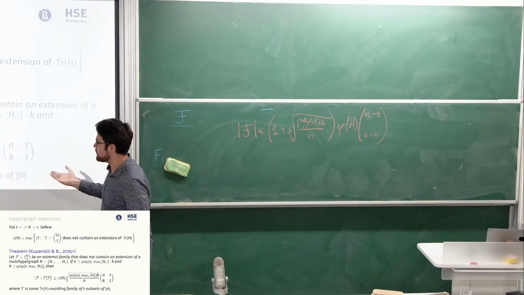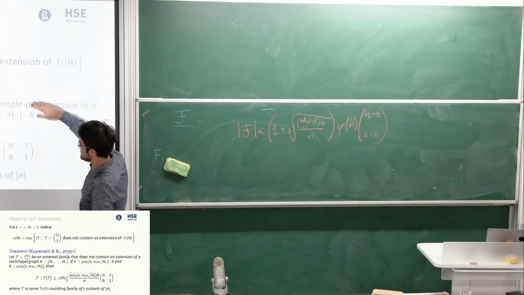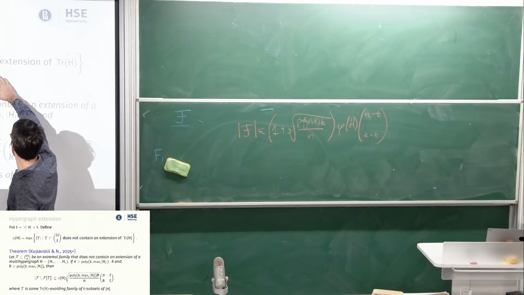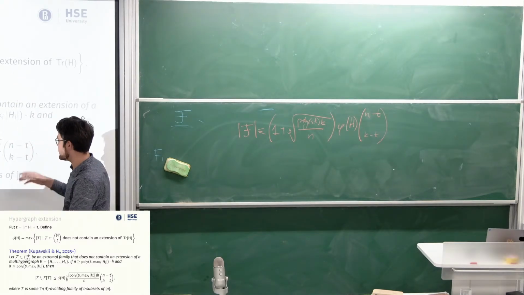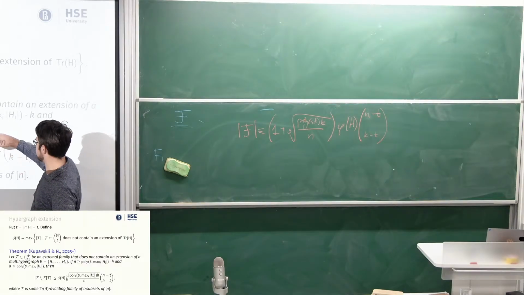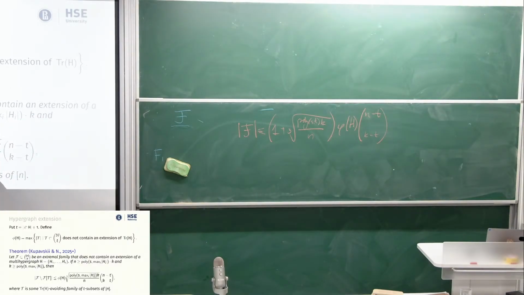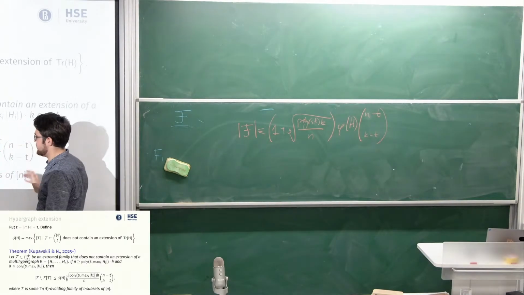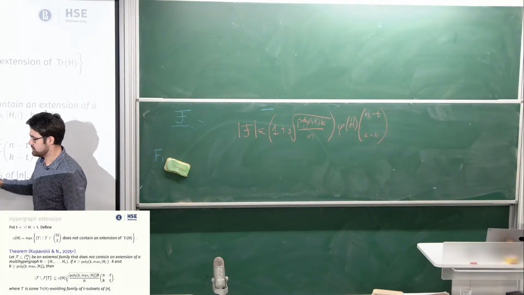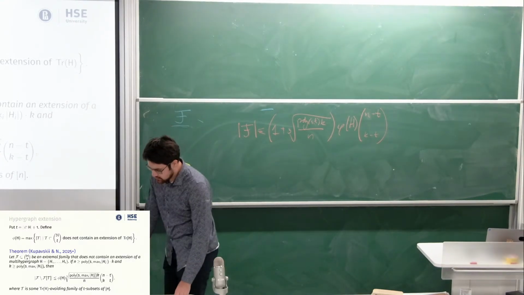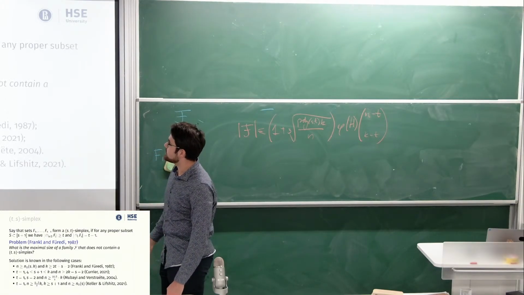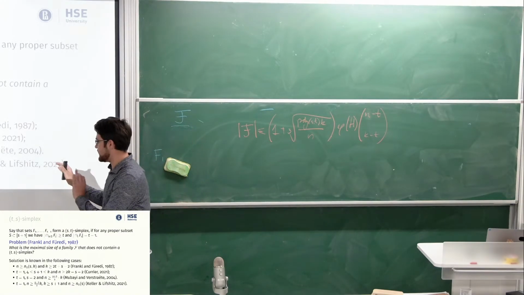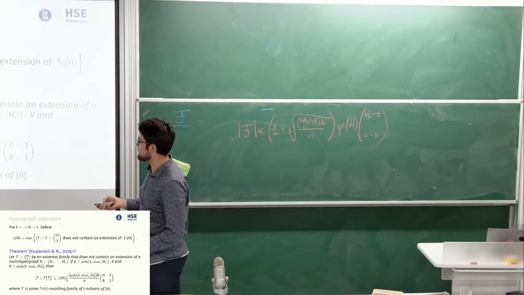But of course, we can define some extremal set theory problem that is different from maximizing families that don't contain an extension of the trace of H, that still determines the structure of extremal families completely, without any second order approximations.